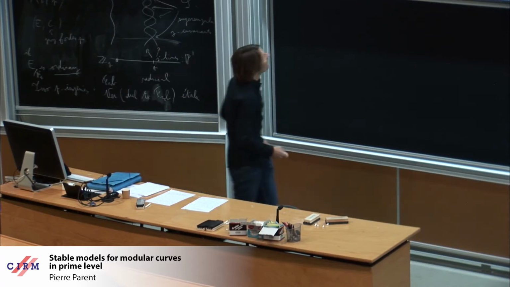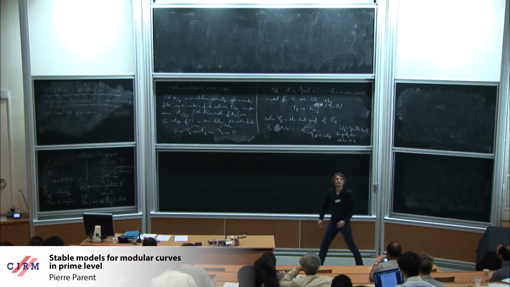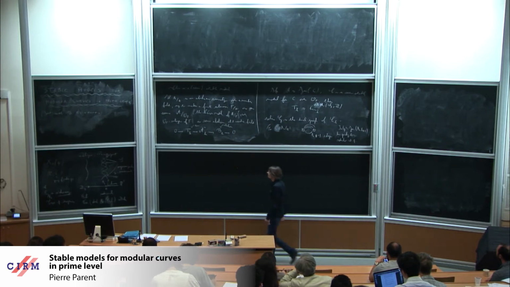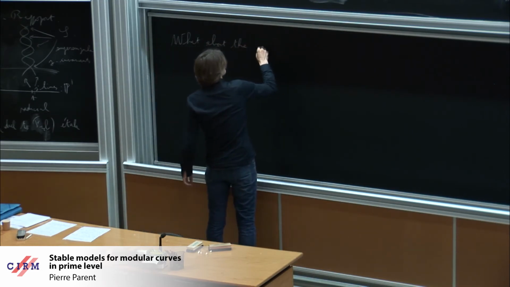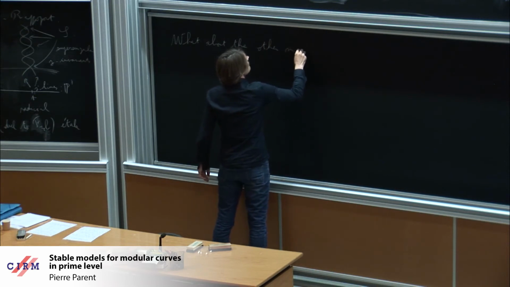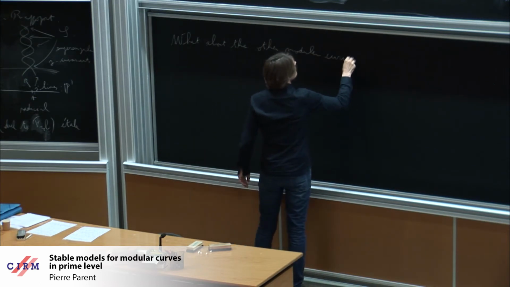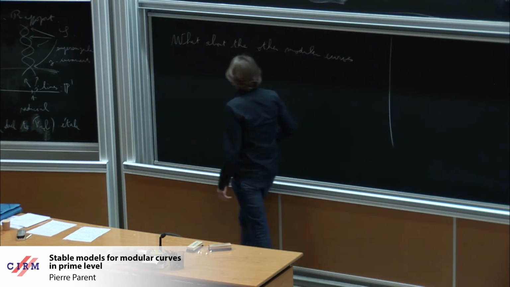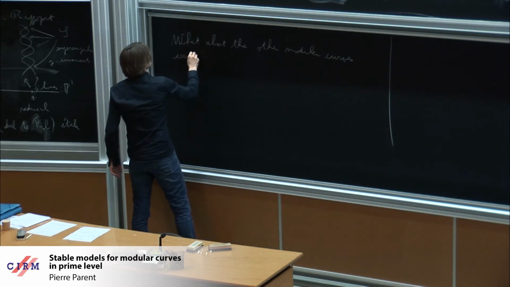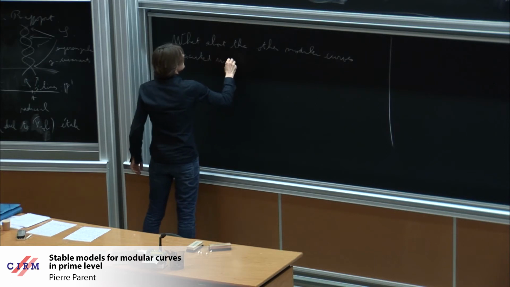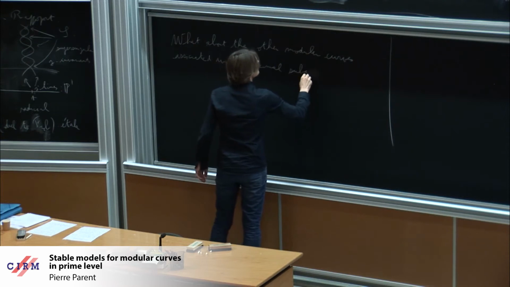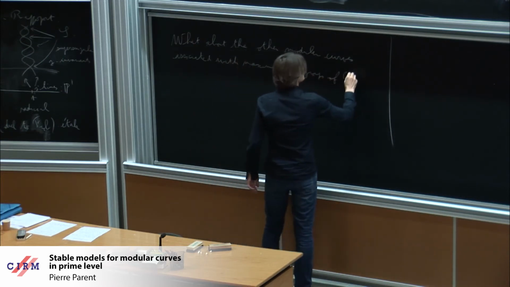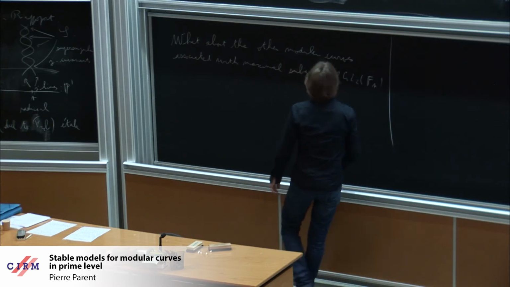And now we can ask the same question for the other interesting modular curves in prime level. So what about the other modular curves associated with maximal subgroups of GL2 of FP.